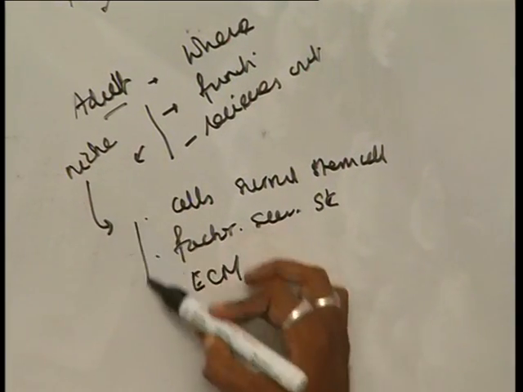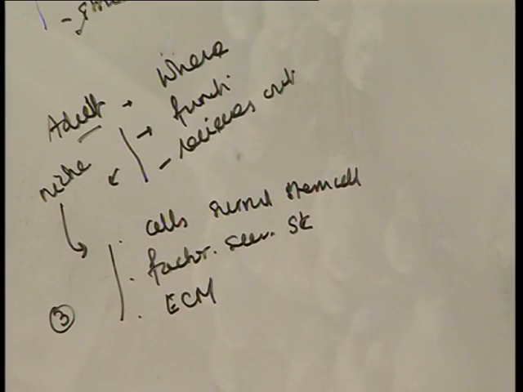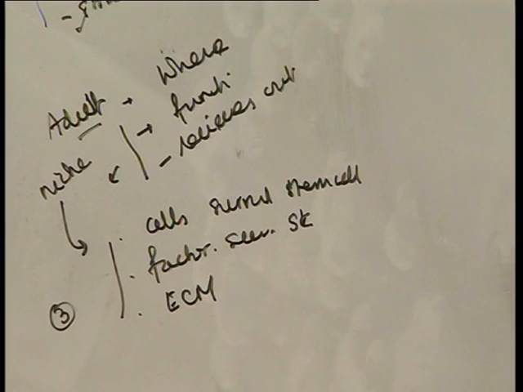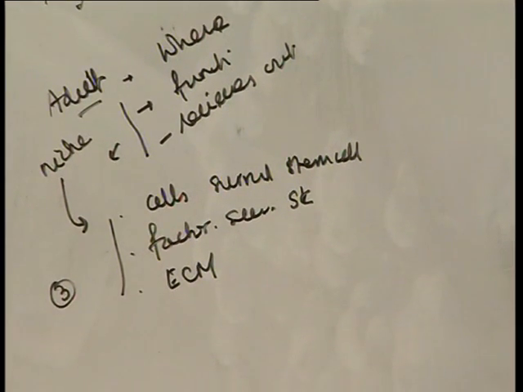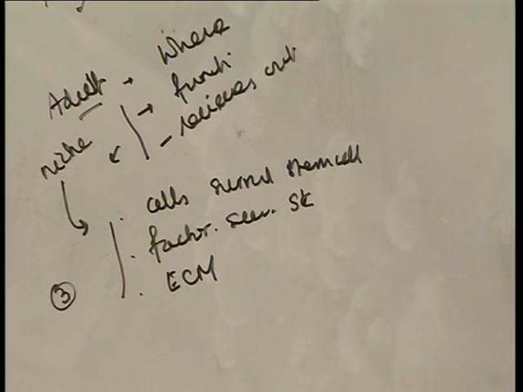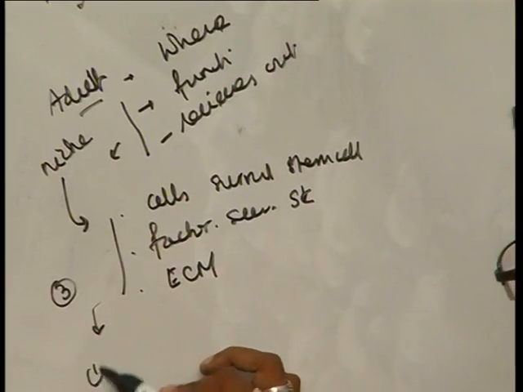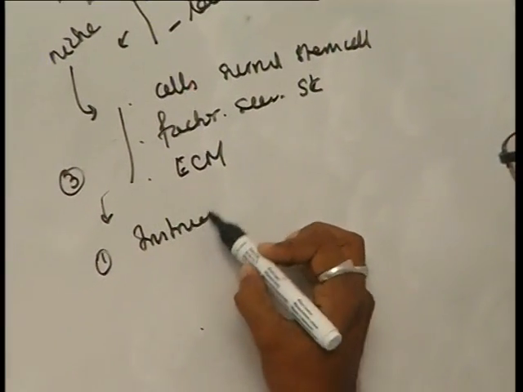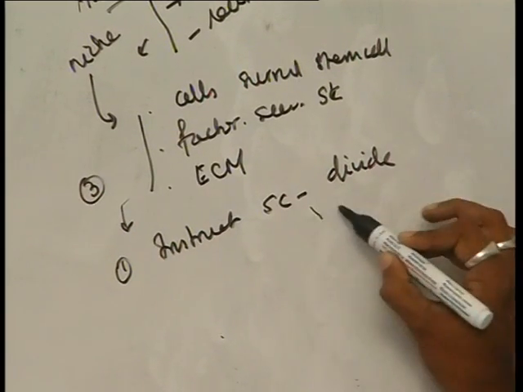So, three components constitute the niche: the cells that surround the stem cell, the factors secreted by those cells, and the ECM accompanying the stem cell. What they do is instruct the stem cell to divide or not to divide.